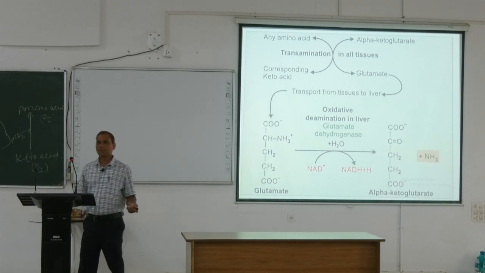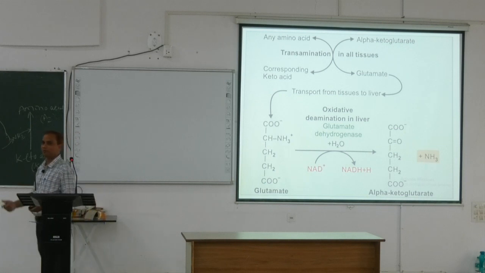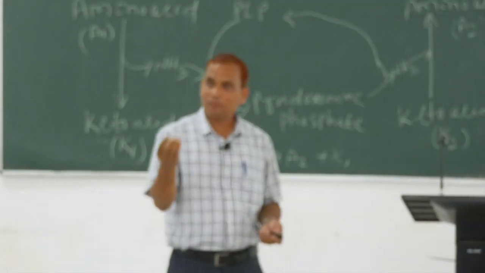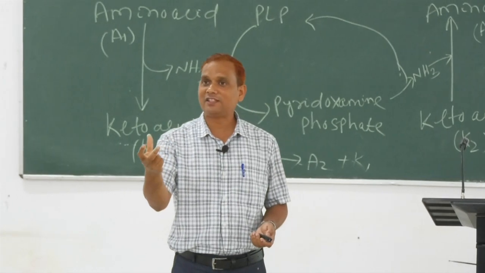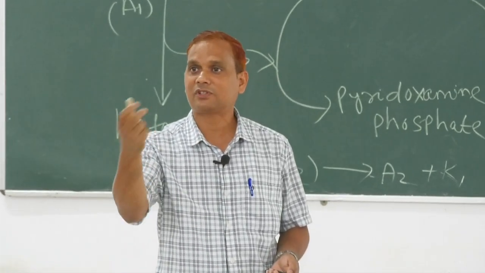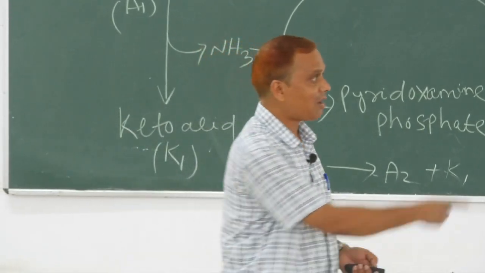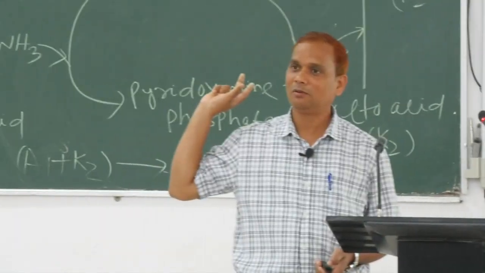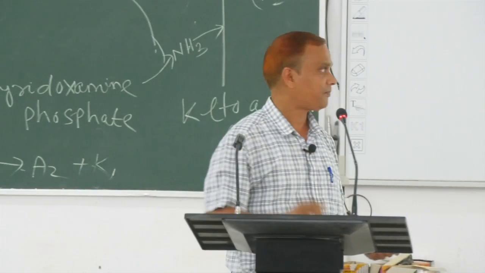Why ammonia in the liver? Because it is required for the urea cycle. For the urea cycle in the liver, ammonia is required as the first source. That's why now ammonia is ready in the liver. Okay, what is the urea cycle?